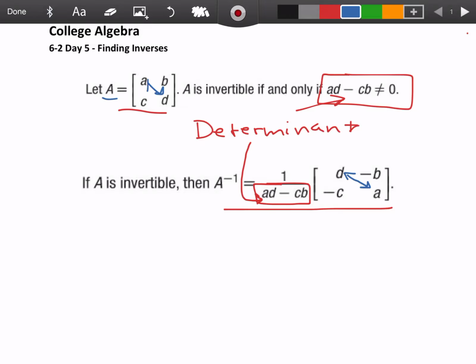Sorry, I probably should have put the arrow up here. That's what happens down here. And then we're taking the opposite of B and C, and we're multiplying it by this fraction out front. So really the two steps are: 1, find the determinant, and 2, use this formula to find the inverse.